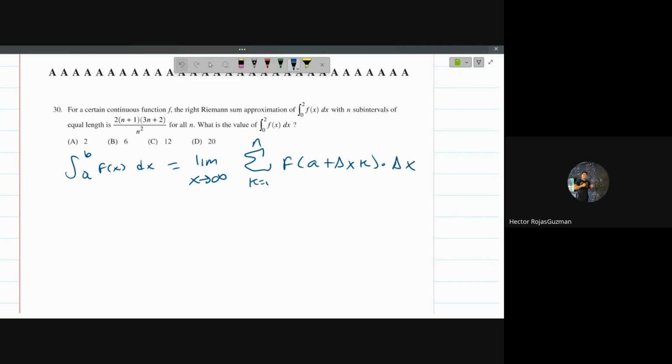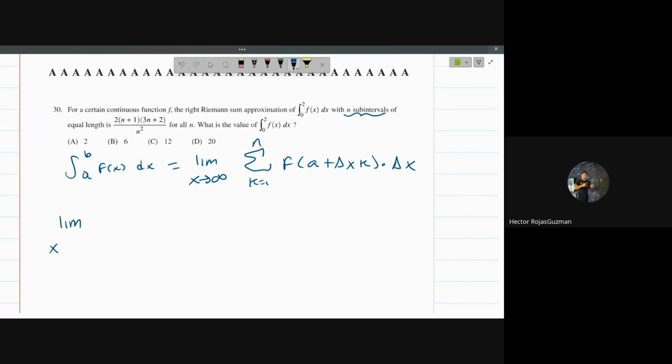So in simpler terms, it doesn't matter if it's a right Riemann sum, a left Riemann sum, a midpoint Riemann sum. You basically want to take infinite rectangles, right? Not just a small amount, infinite rectangles. And here, n is the subintervals, or in other words, the rectangles. But if you want to take infinitely many, then you're basically doing the limit to infinity, right?